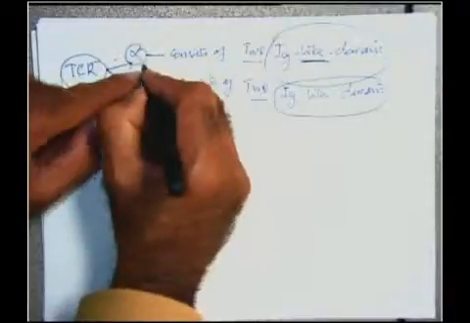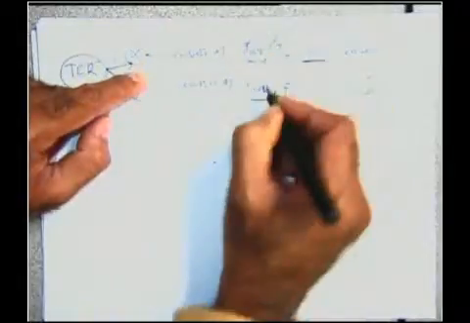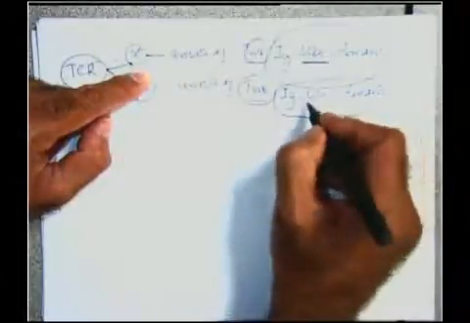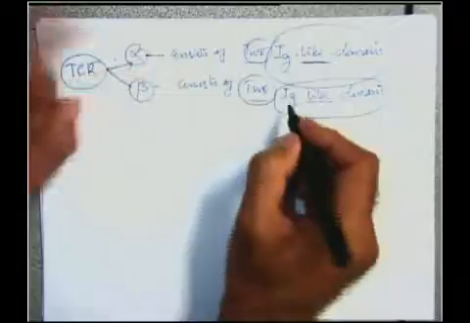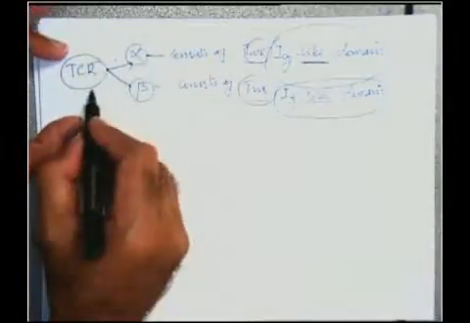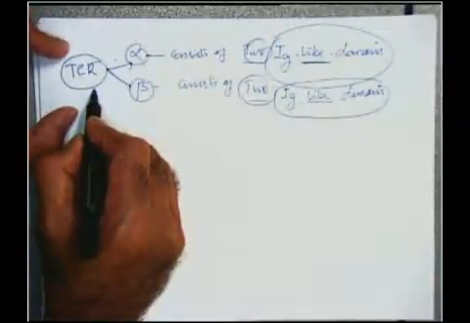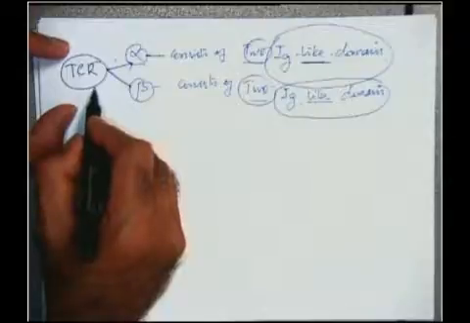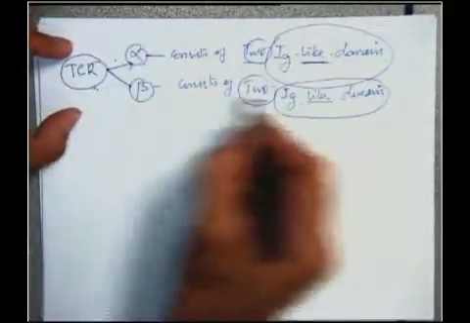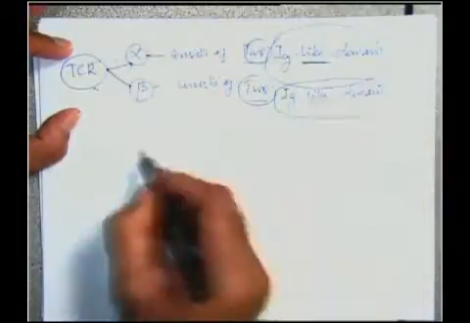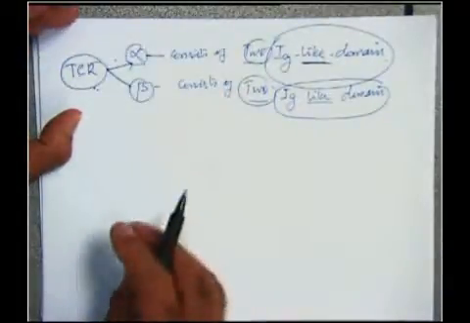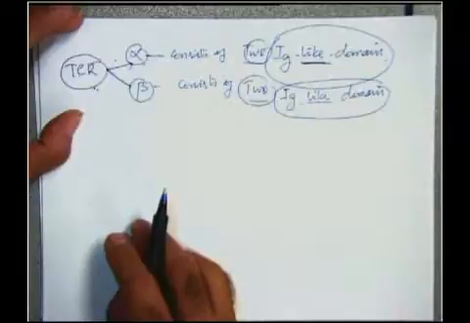Then this alpha consists of two immunoglobulin like domains. It's not an immunoglobulin, but an immunoglobulin like domain, like protein. So in total, a TCR molecule will have 2 plus 2, 4 Ig like domains. Okay, 4 areas.